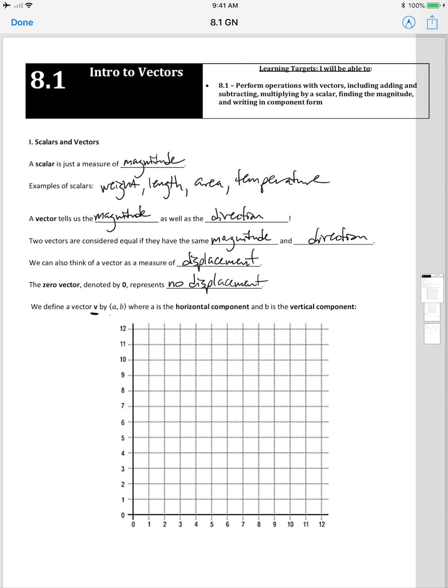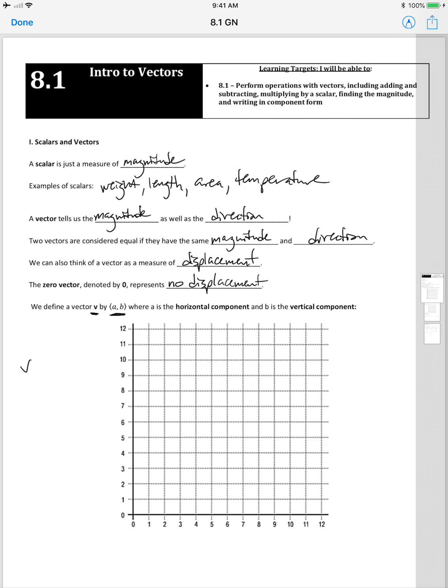And then we use these special pointed brackets, and that's to let us know that we're talking about a vector as opposed to any other value, a point or something else. Here in our brackets, a vector has two pieces, at least in two dimensions. We have a horizontal component and a vertical component. In other words, we have a horizontal displacement and a vertical displacement. That's A and B, respectively.